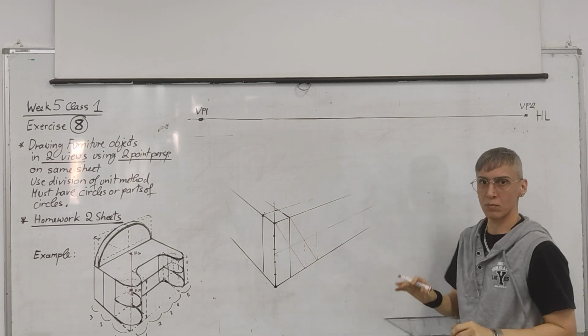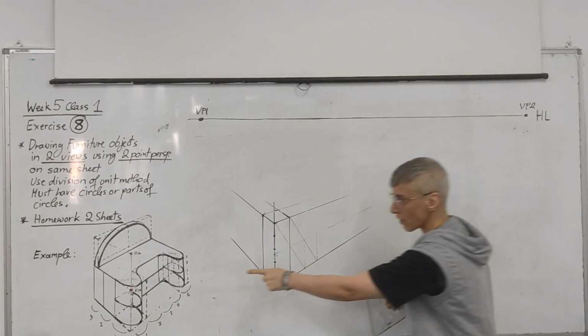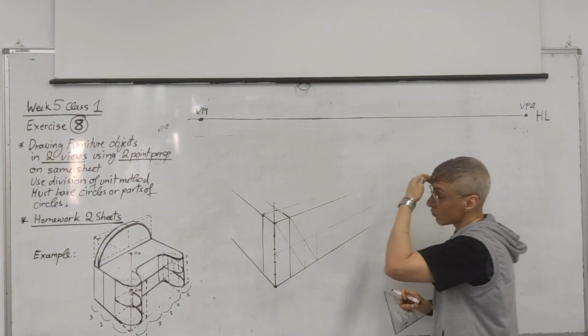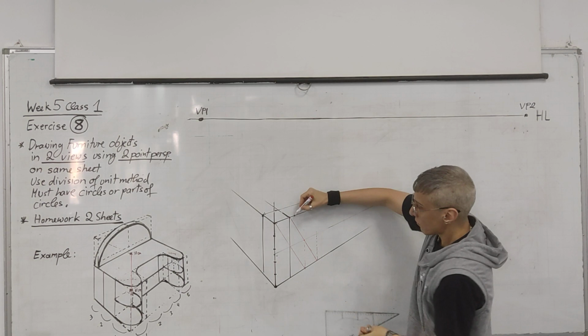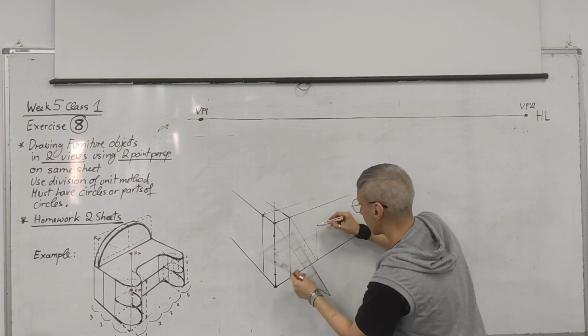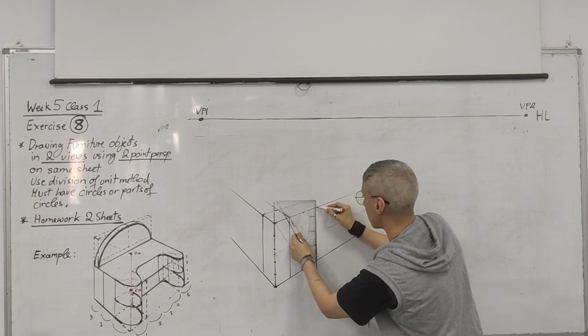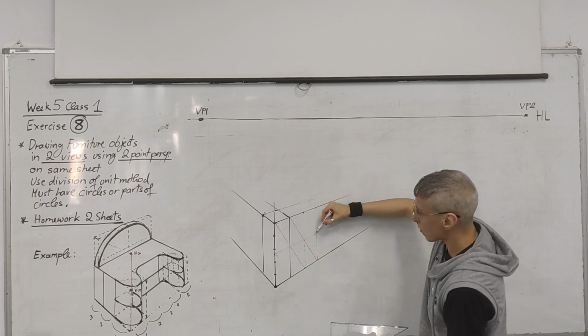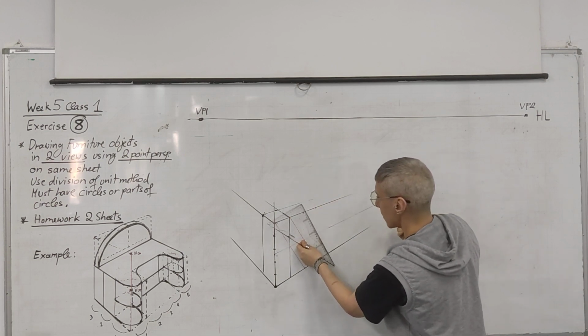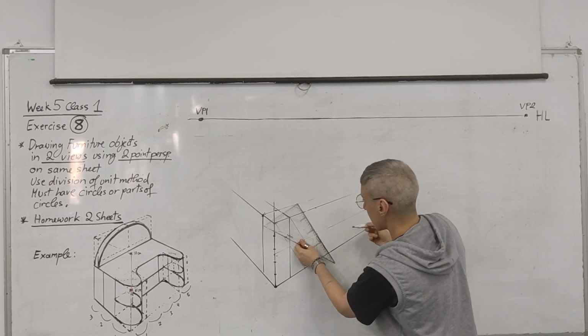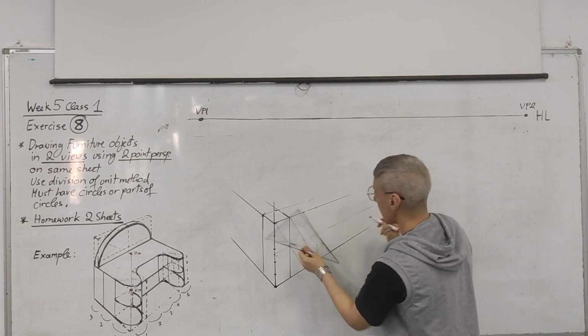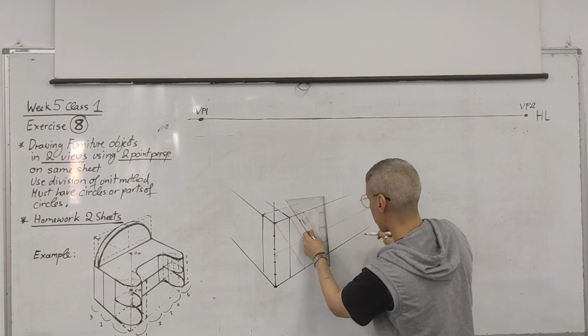Now, from this corner through this point, I don't have to draw them completely because we don't really need those. I need to end with this one. So this point is here, this point is here. Okay. So from this point through this corner, again up.